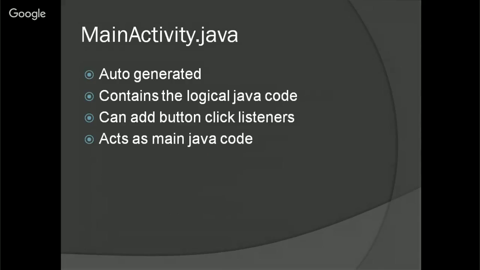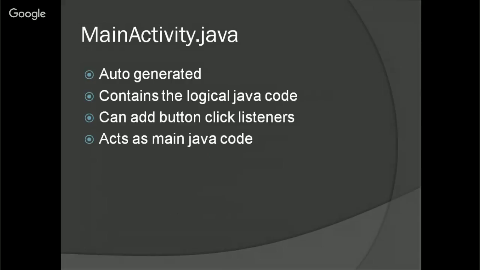It contains logical and Java code. Logical code is inside of this particular main activity.java file. You can actually program your UI. This is actually the main programming block of your project, I would like to say, because with the help of main activity.java, you can give access to logical things inside of your project.